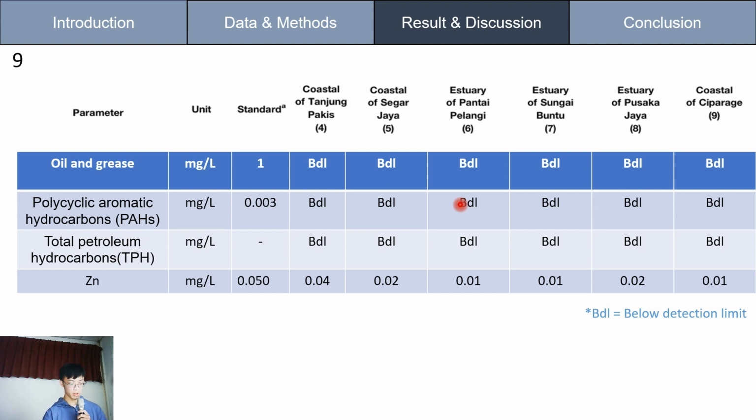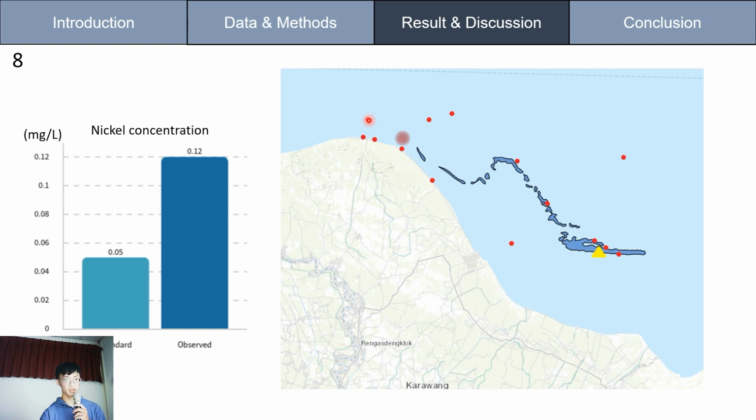And in this table, we can also see the values of other water quality indicators related to oil pollution. BDL means below detection limit, and they are the different locations of this survey.